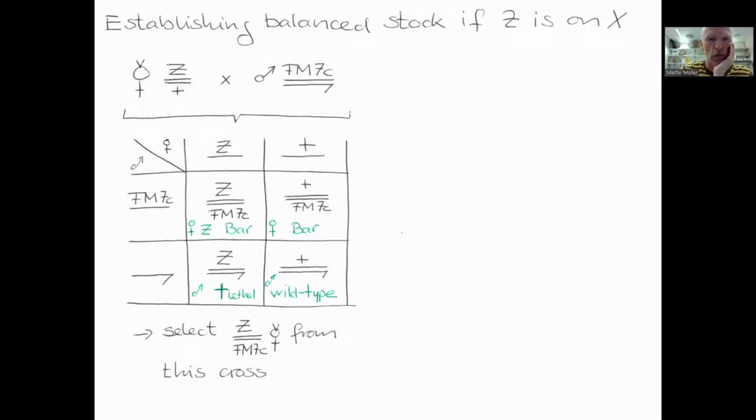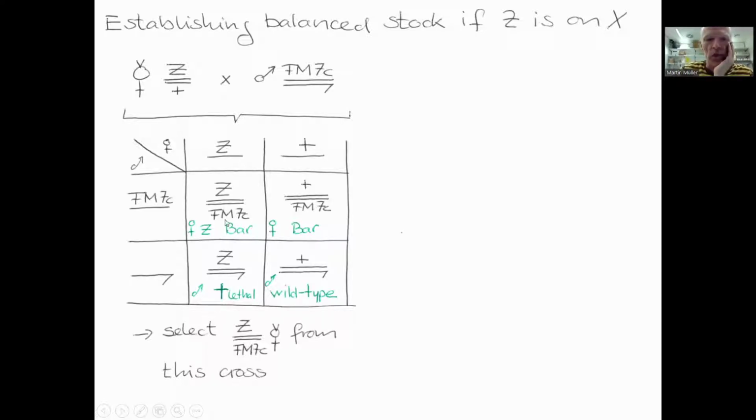The male produces 2 types of sperm, Y chromosome only and FM7. The female also produces 2 types, like indicated here. You make the diploid combinations and you indicate what the phenotype is.